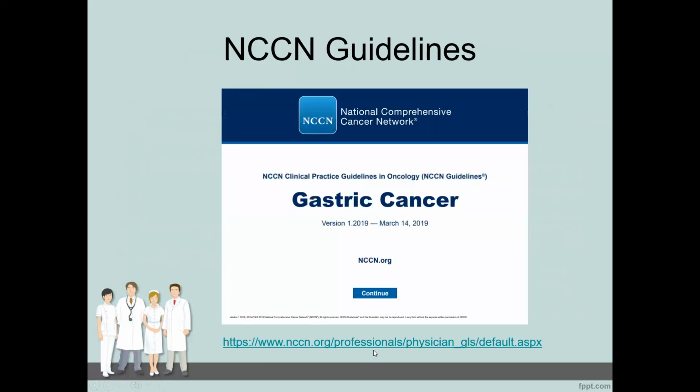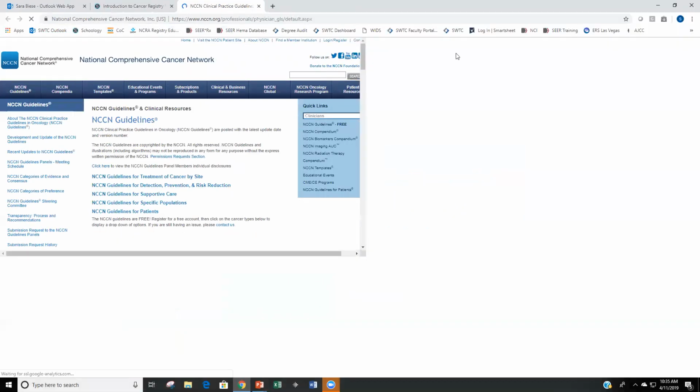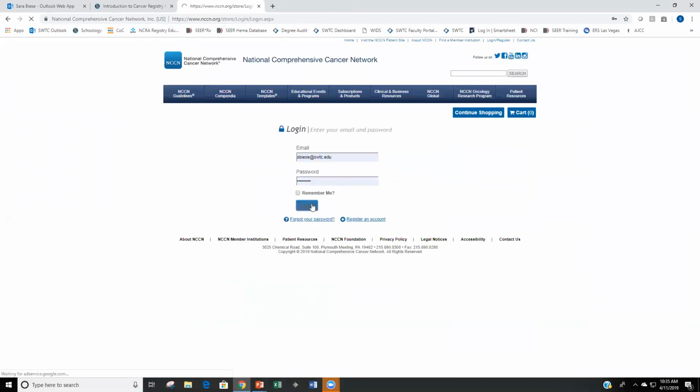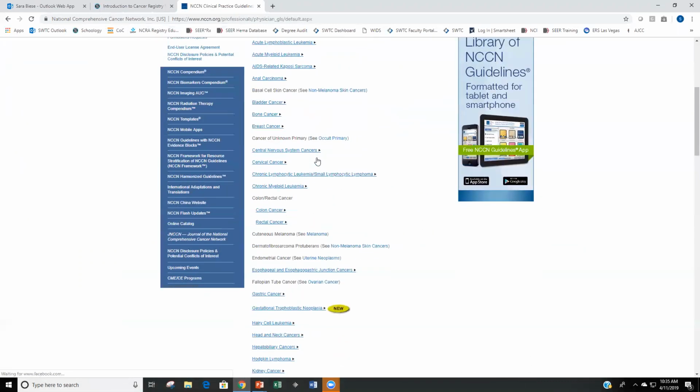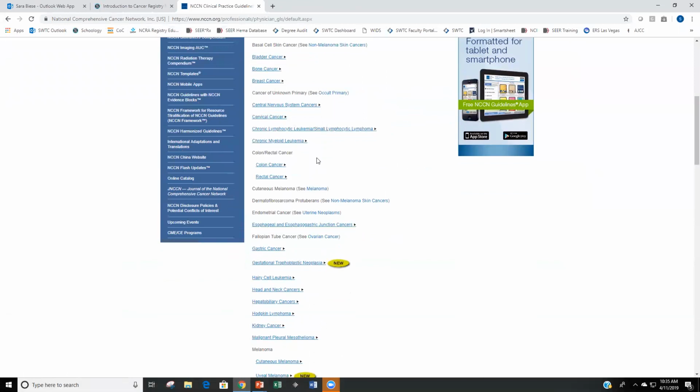Let's quickly just review the NCCN guidelines. All right, so you will notice we won't review the esophageal guidelines, but you'll see here that the esophagus and the esophageal gastric junction, the EGJ, are included in the same guidelines.